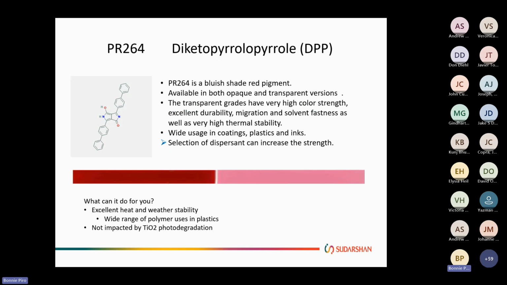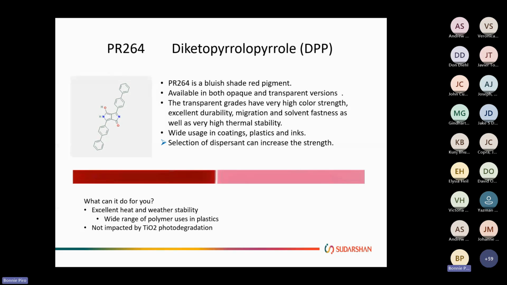The Red 264, as I mentioned, is widely used in the higher performance application areas where either high heat stability or high durability is required. Its transparent nature is very good, as I mentioned, with effect pigments. So it finds its use in some of these more technically advanced application areas for all of these properties.